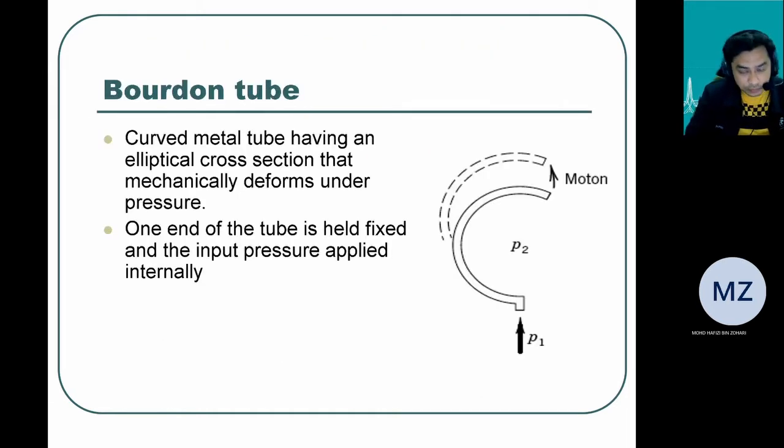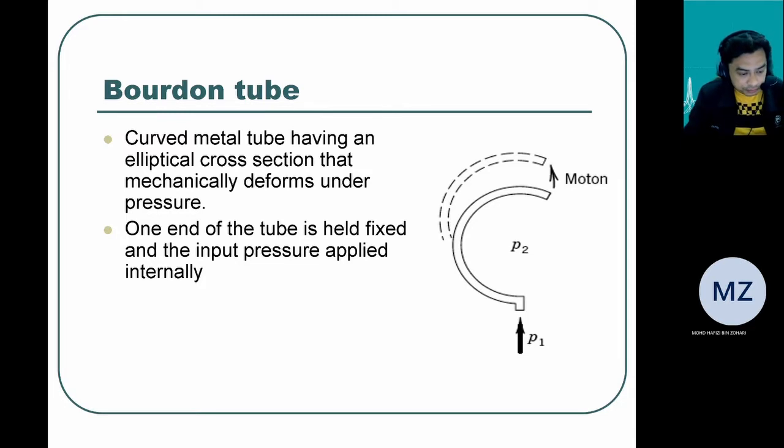The Bourdon tube is one of the sensors that I already discussed in the earlier topic on pressure, in the fundamentals of measurement itself. Let's have a look at this one. The concept of the Bourdon tube is that it has a curved metal tube with an elliptic cross section.